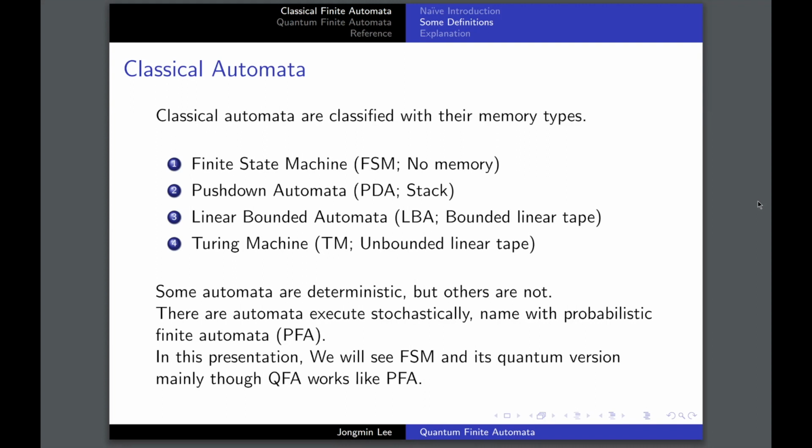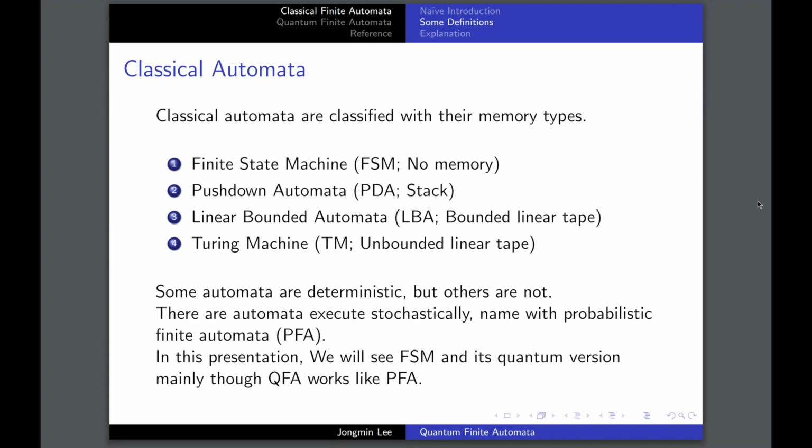If the automaton has a bounded linear tape, then it is called a linear bounded automaton, and an unbounded linear tape will make it a Turing machine. These are the basic automata.